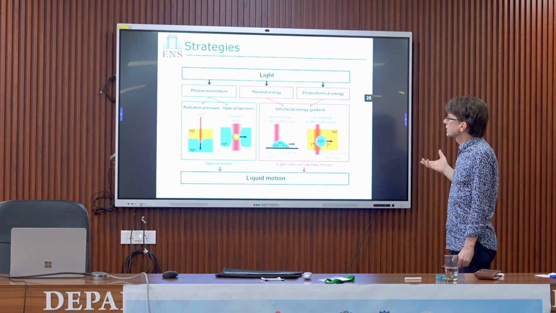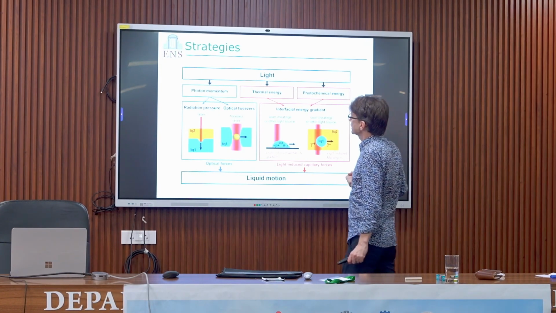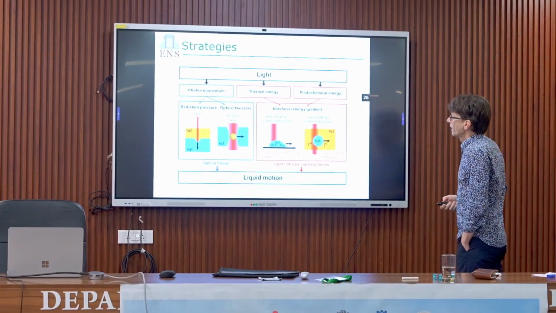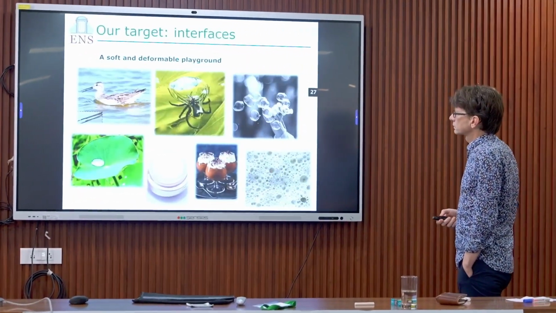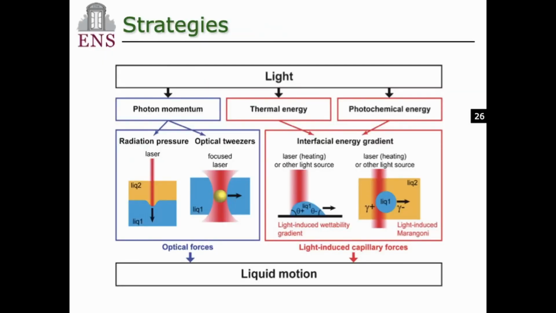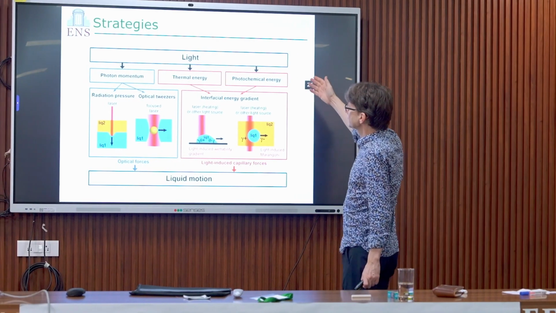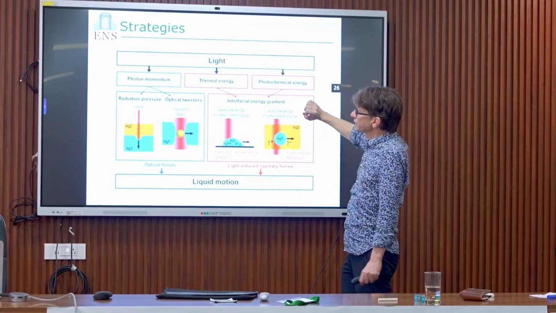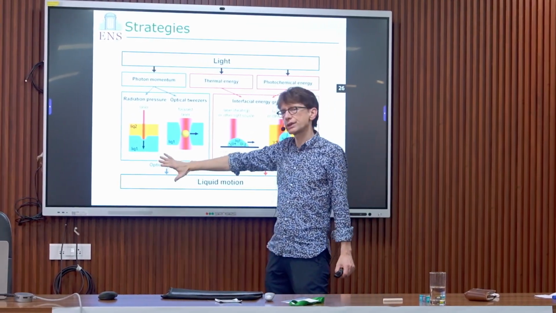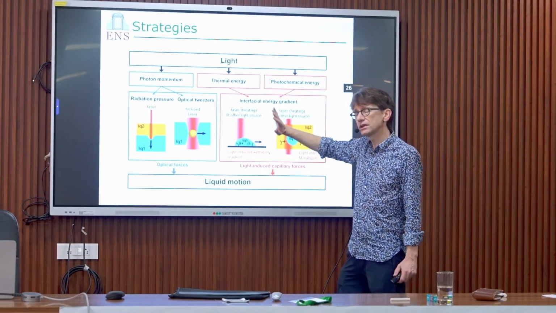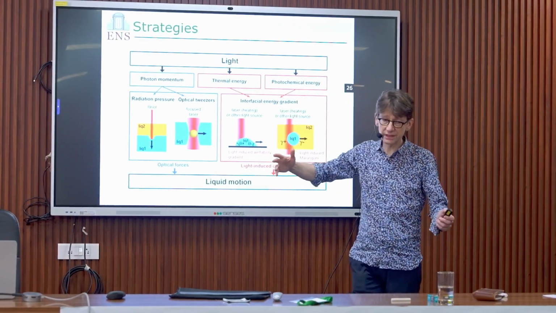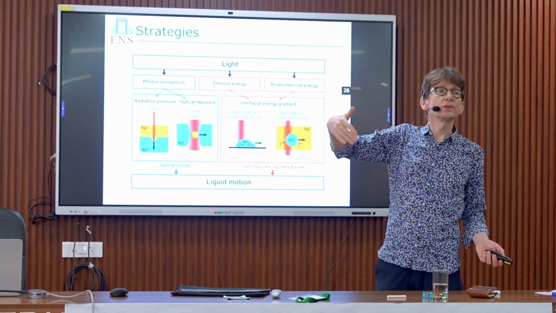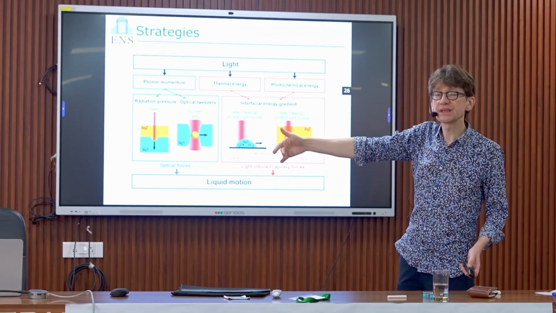We can think also that light can have thermal energy, and this is quite interesting, and also photochemical energy. And the idea is that maybe instead of targeting bulk force, we can target interfacial force, because in microfluidics, if you divide the surface by volume, you scale as 1 over the size.